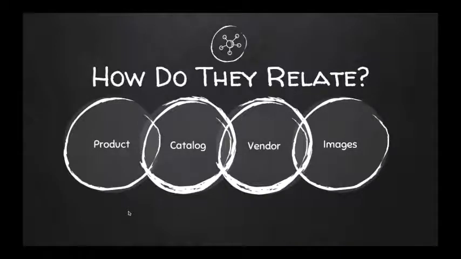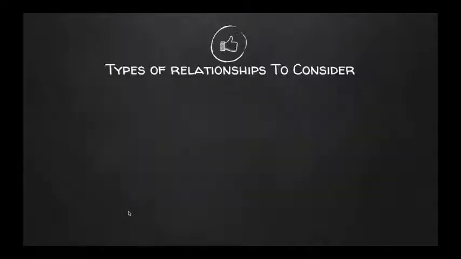So how do they relate? How does product catalog, vendor, and images work? And actually that should be category. So types of relationships we want to consider. A one-to-one, product to a vendor, or vendor to a product. One-to-many.